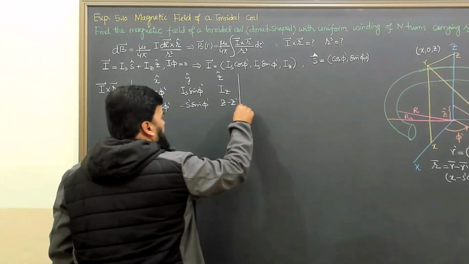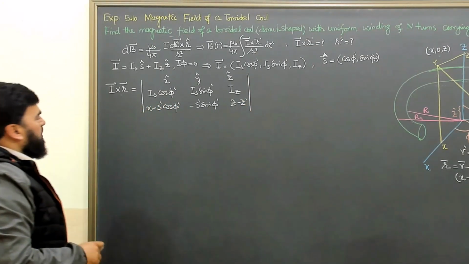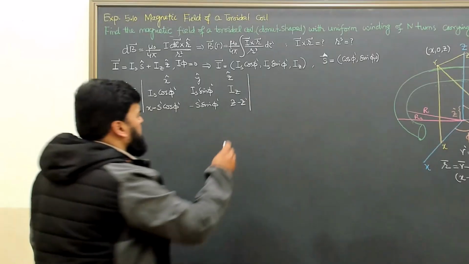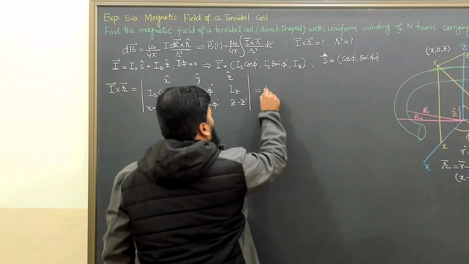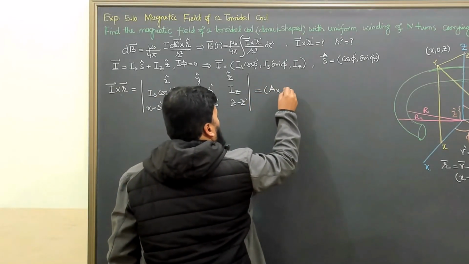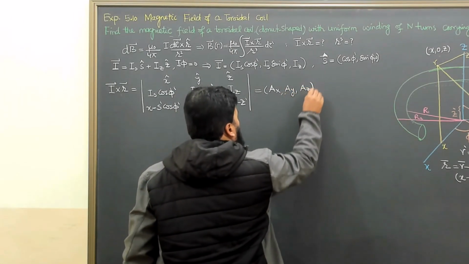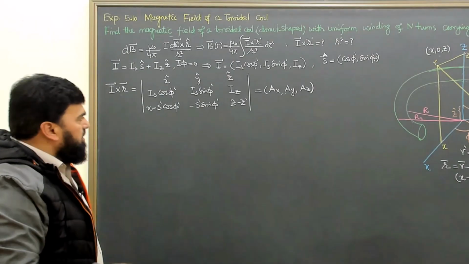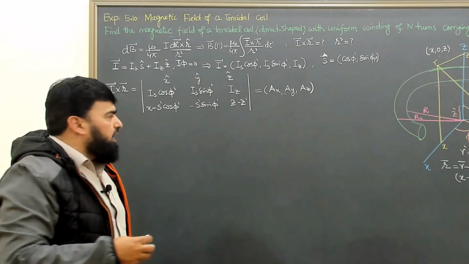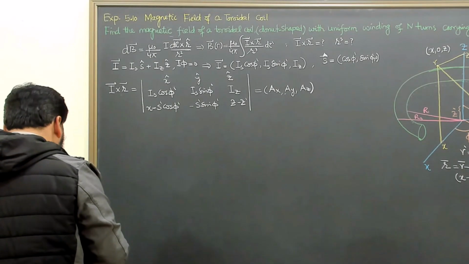So we have calculated this one. Let's say the components of this are AX, AY, and AZ, so we will write the AX, AY, and AZ components here.